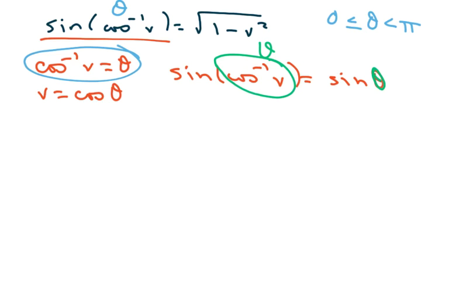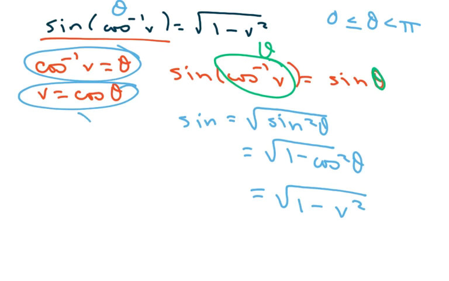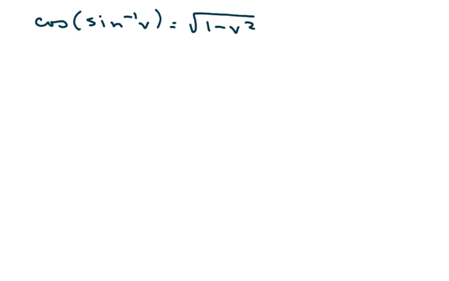When I write sine, because I have cosine here, I'm going to write sine as the square root of sine squared, which equals 1 minus cosine squared of theta. So this is going to be the square root of 1 minus v squared because of this right here. So I just rewrote it in terms of cosine.